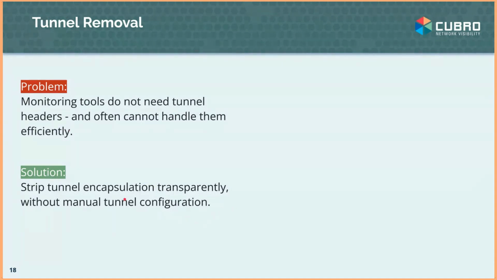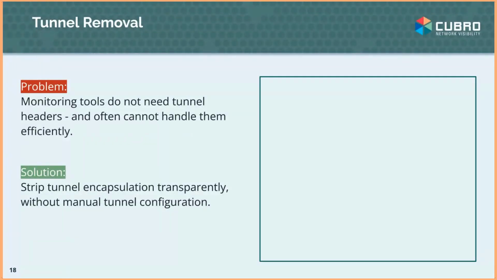this is one thing. And another thing is this point here, which maybe did not work out so well on my slide, that usually we can strip tunnels completely transparently without, and that's the key point, manual tunnel configuration. Let me show you a picture of that.